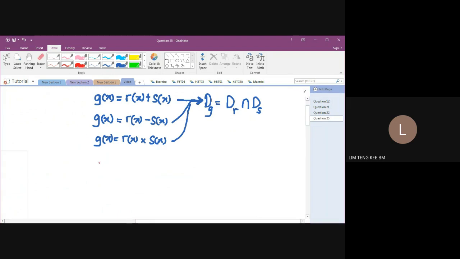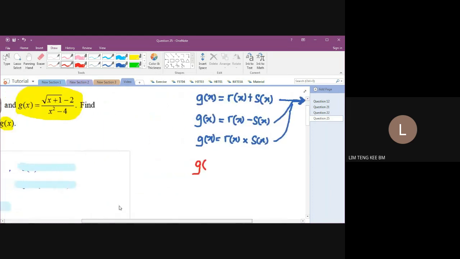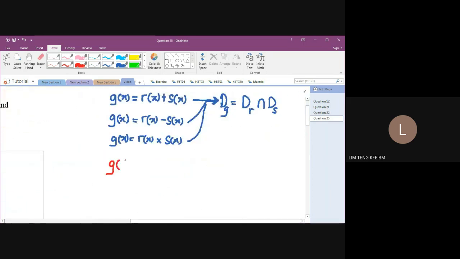And the last one is the one that we want to use to solve our question. When I have my function g referring to the two functions dividing each other, how do we get the domain?